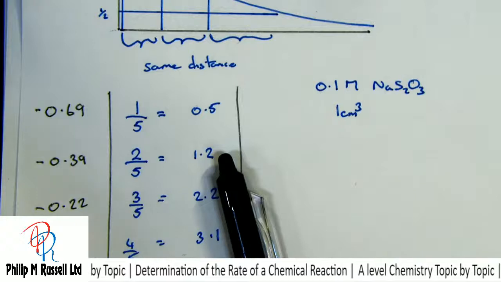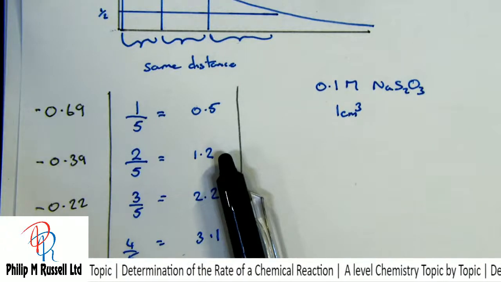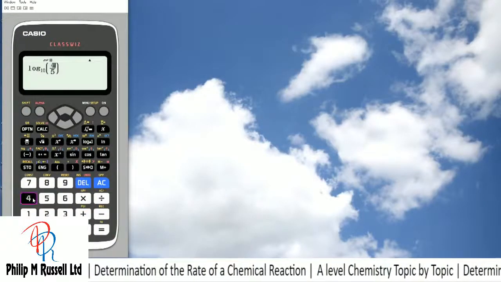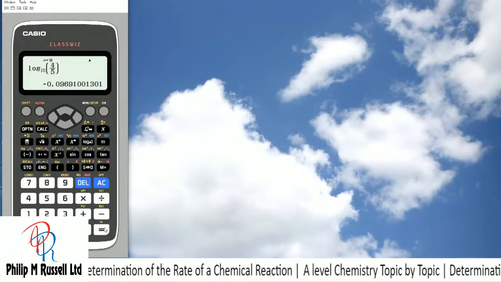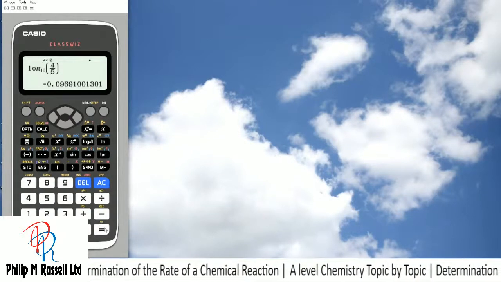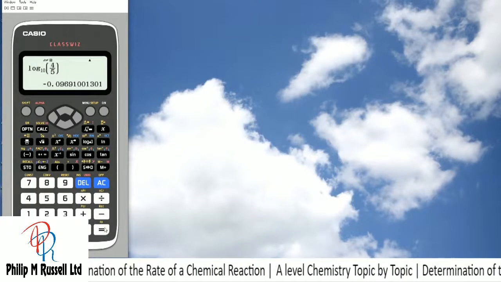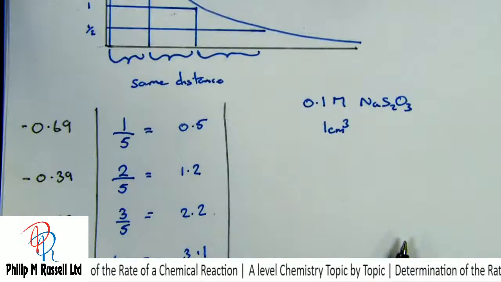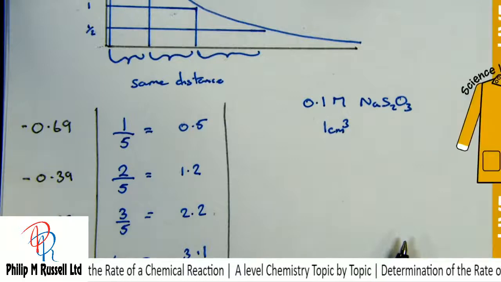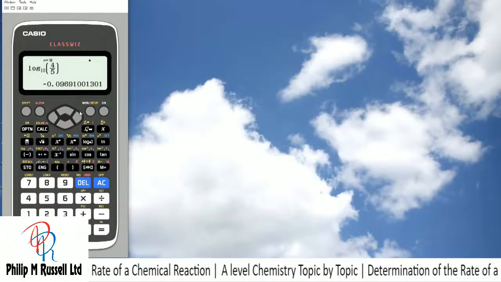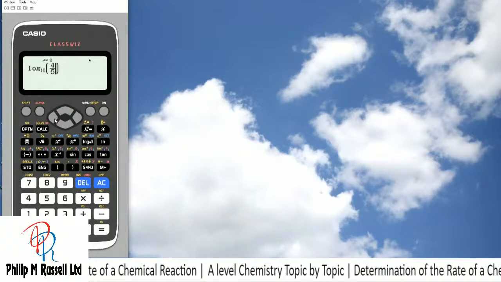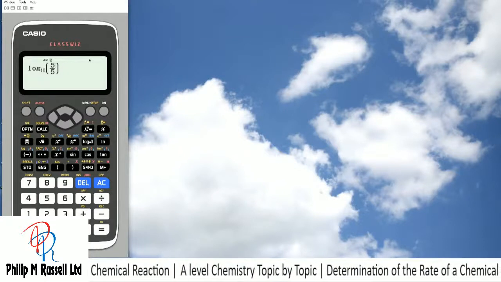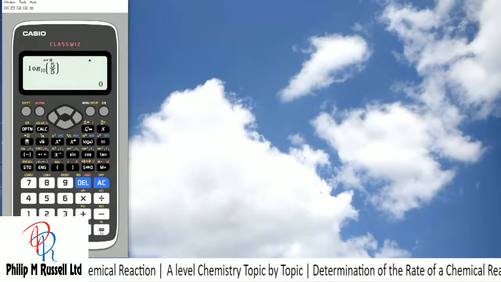Then the next one, 4/5, minus 0.09, and finally we can work out 5/5, which is the log of 1. Something you may be good at, or possibly not if you're not very good at maths, is the log of 1, which gives us 0.